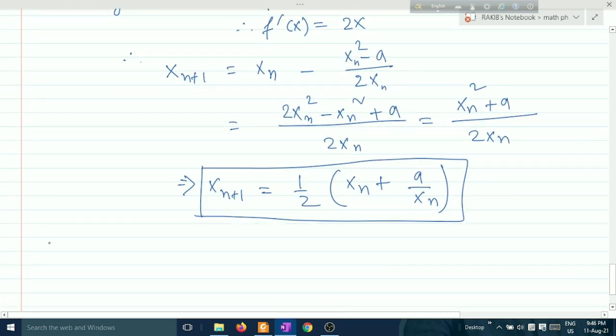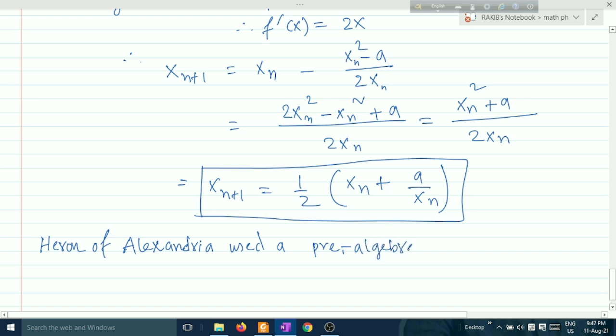I am writing this down: Heron of Alexandria used a pre-algebraic version of this recurrence relation, not this formula directly, but a pre-algebraic version of it.